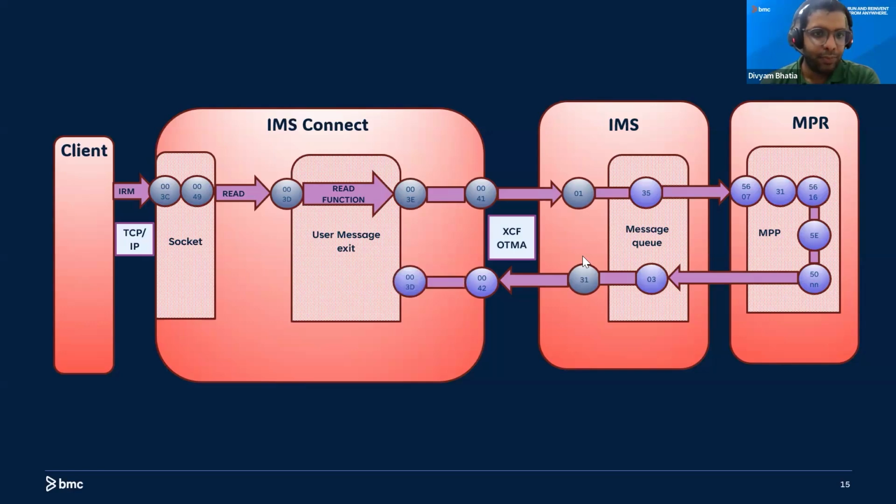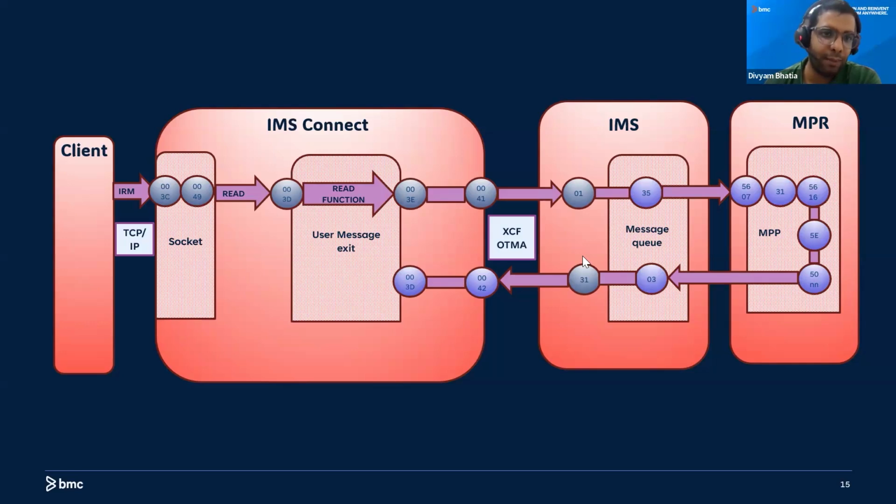Once that's done, the processed message will enter with event ID 3D into the user message exit again. Because initially we had done the 3D and 3E read functions, the messages were formatted in a format that IMS can read.